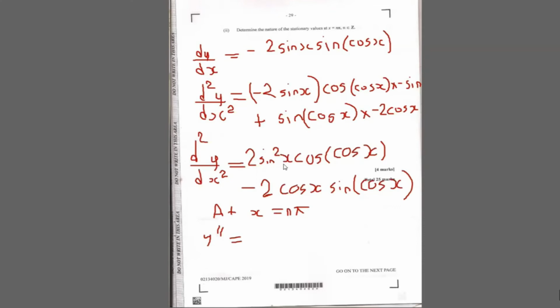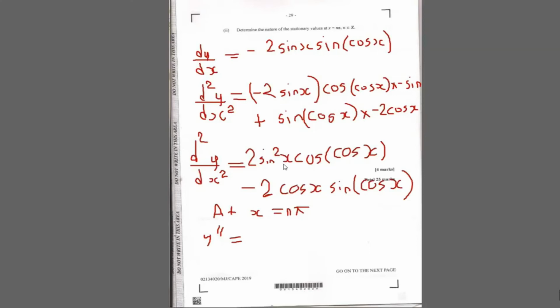You get 2 times sine squared x, 2 times the sine of pi squared times the cos. Just plug in pi and see what we get.